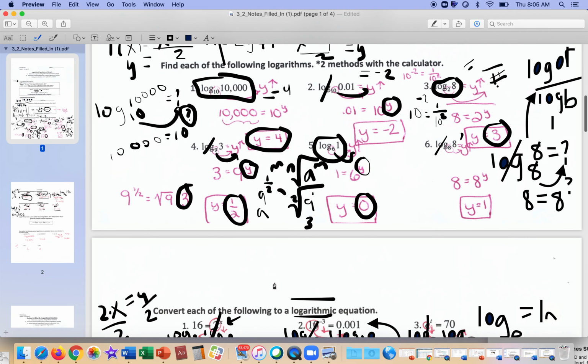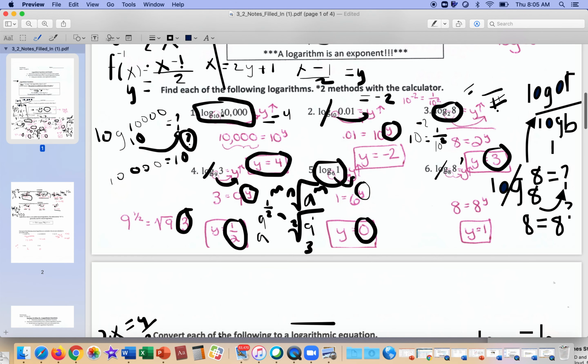So again, we went over two methods of evaluating. One, we set it equal to a variable, and we're solving for the variable to see the value. Log base 10 of 10,000 is 4. Log base 10 of 0.01, the answer is -2. Log base 2 of 8, your answer is 3.